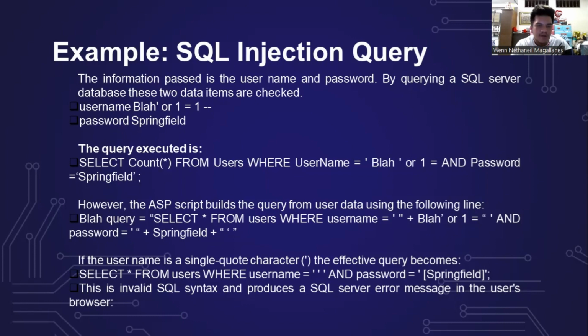If the username is a single quote character, the effect of the query becomes select * from user where username = ''' and password = 'Springfield'; This is invalid SQL syntax and produces a server error message in the user's browser.